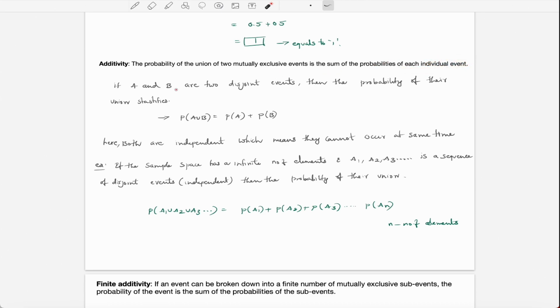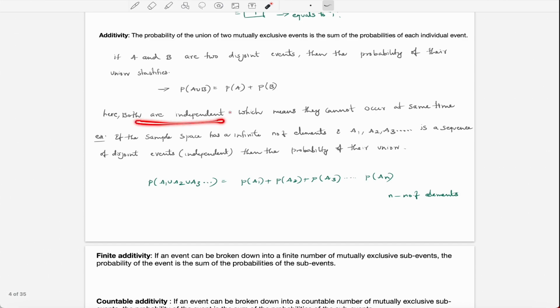If A and B are two disjoint events, meaning they cannot occur at the same time, then the probability of their union satisfies P of A union B equals P of A plus P of B. For example, tossing a coin, it may give a head or a tail, but it cannot give both at a time.